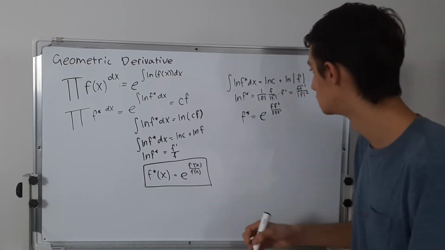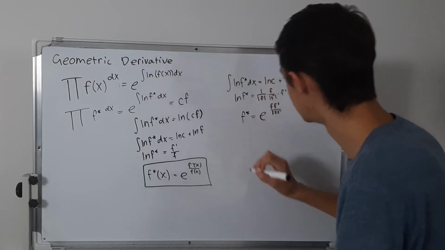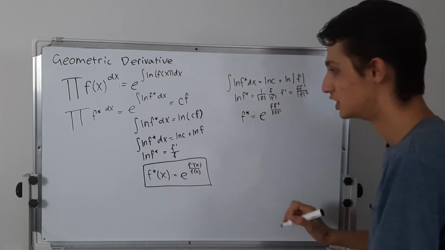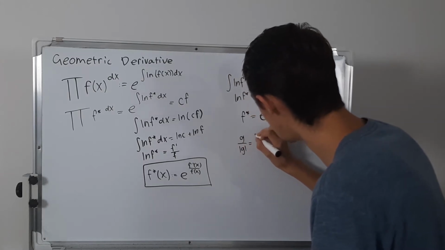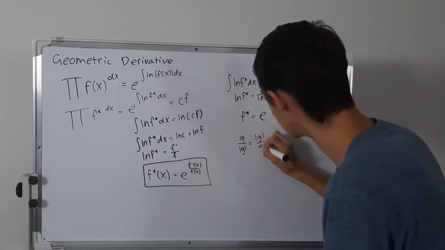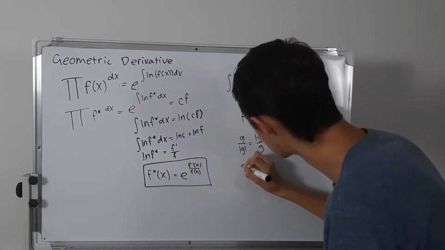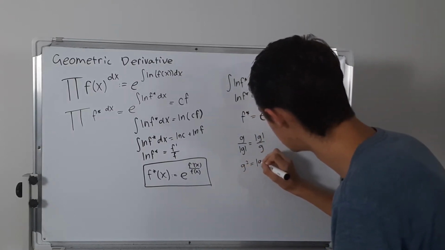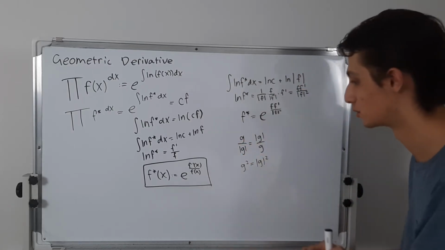But you should know that, let's say, g over absolute value of g is equal to absolute value of g over g. Now let's do a little mini proof. So we have g times g, so g squared equals absolute value of g squared, if you just multiply this on this side and that on that side, cross multiplying basically.